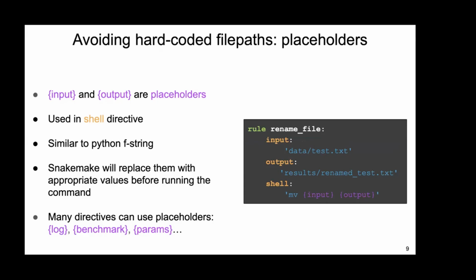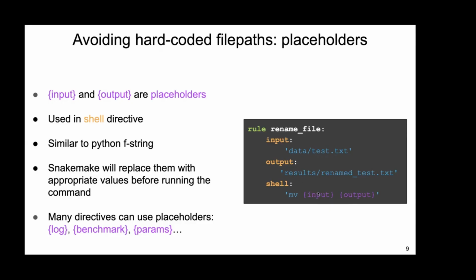Similarly in Snakemake, these values that are in the curly brackets, for example input, will be replaced with the value of the input directive here. So Snakemake will take it and convert it into move data test.txt to results rename test.txt. In this way, you can change these things here and you don't have to worry about the shell directive, which makes your workflow more robust.